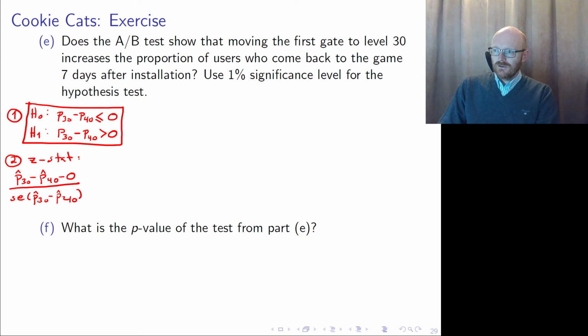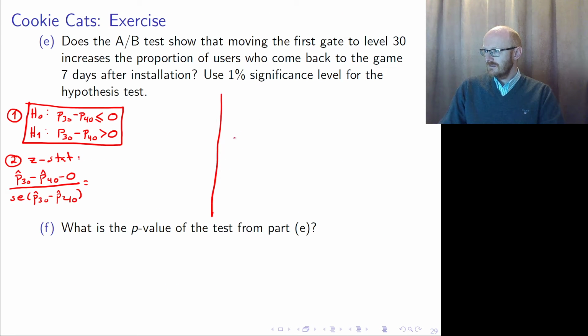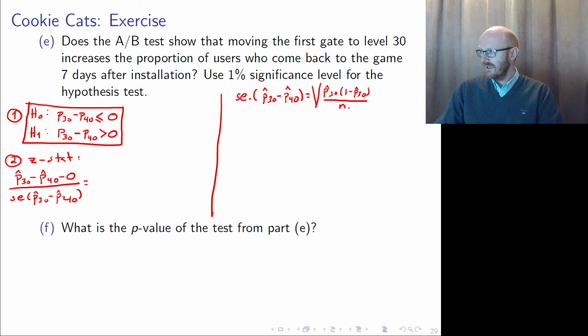This standard error of P30 hat minus P40 hat is really just the square root of P30 hat times 1 minus P30 hat, divided by N30.